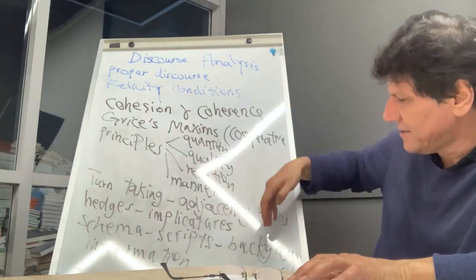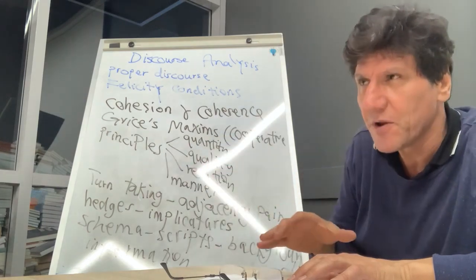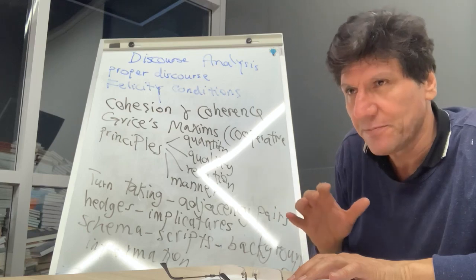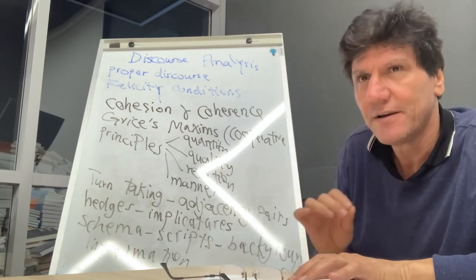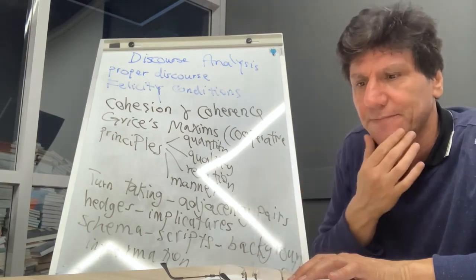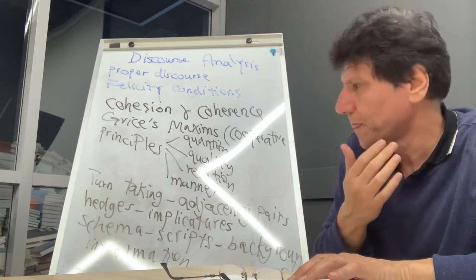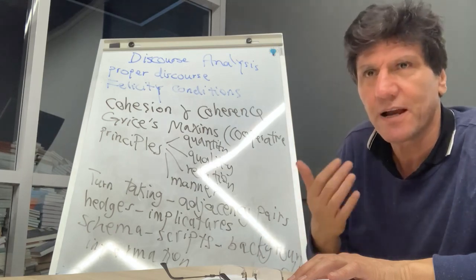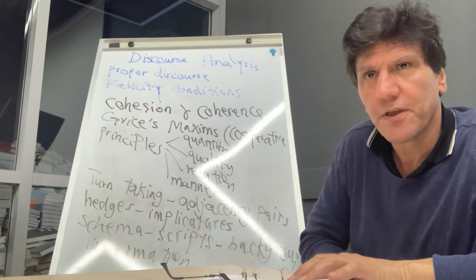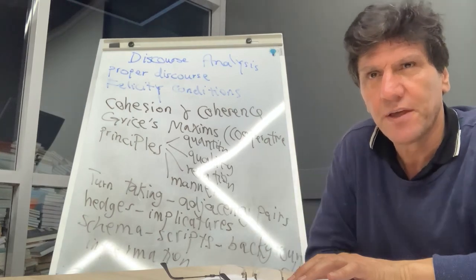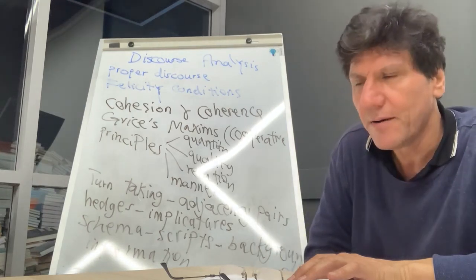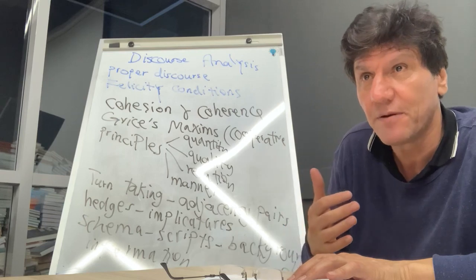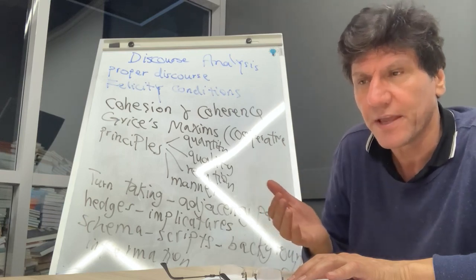Schema, script and background information are very much inextricably tied up with each other and they are very relevant. So for any concept you have a script, background information, a schema, and you activate the relevant information while you're talking about something.